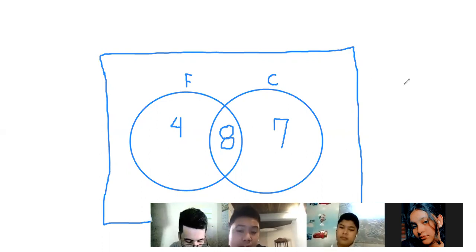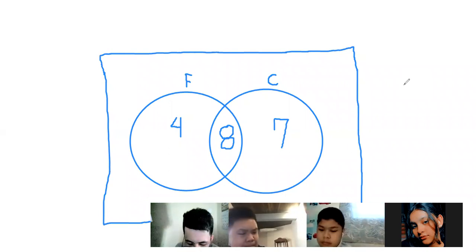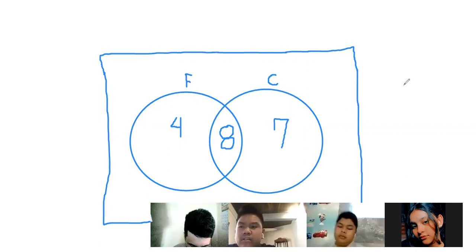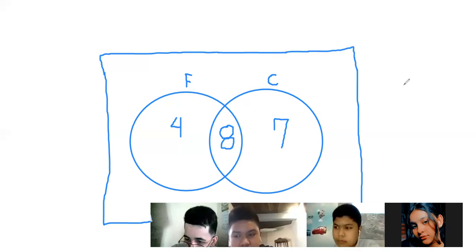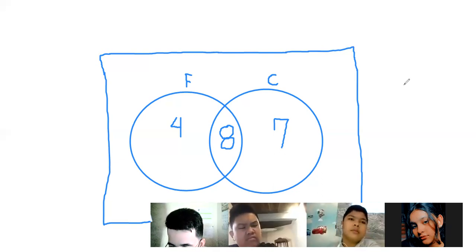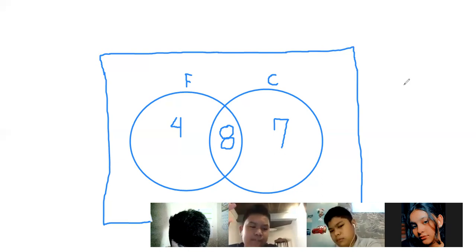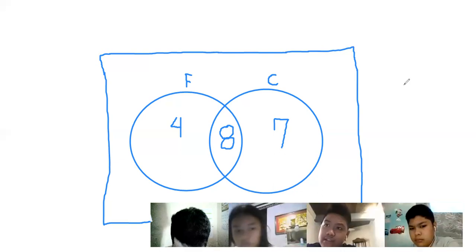So, ano yung tanong sa letter A? How many students prefer French or Chinese language? Ilan daw yung estudyante na kumukuha ng French or Chinese language? 4 students preferred French and 7 students prefer Chinese.